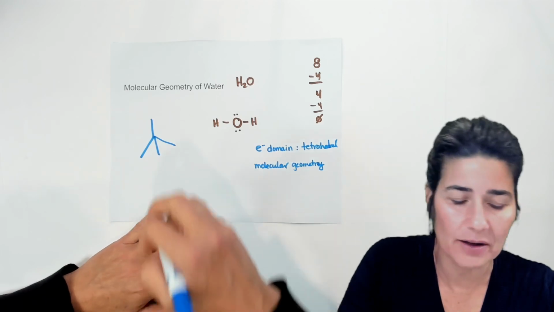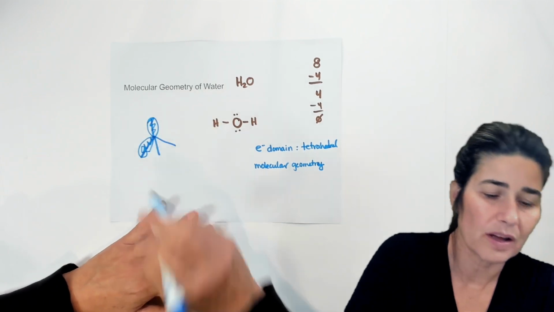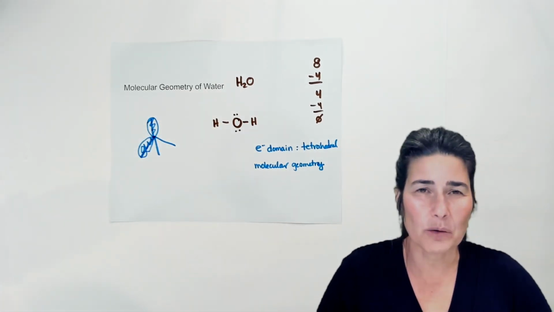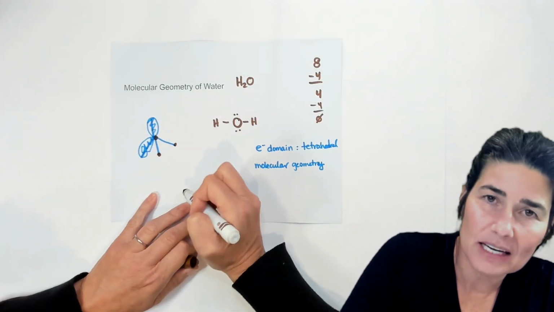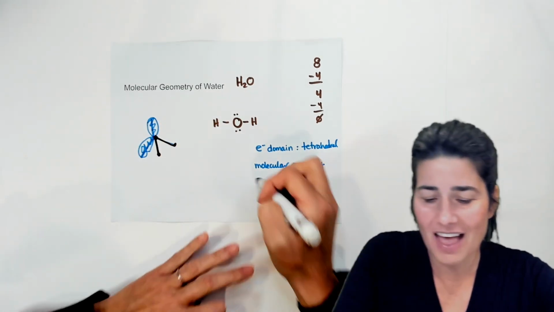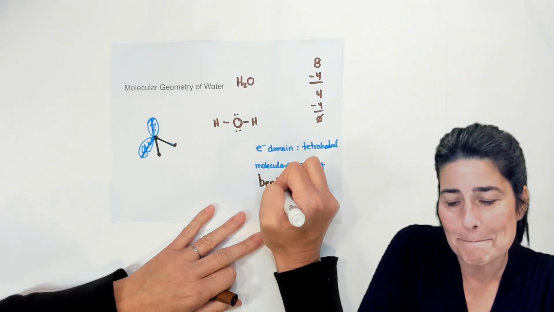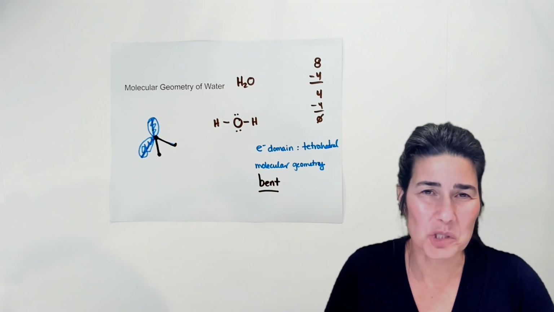Let's ghost out 2 of these. I'm going to ghost 1. I'm going to ghost 2. What do I see? What's left is 1, 2, 3 atoms, but those 3 atoms are not in a line. That line has been bent. So this has a bent molecular geometry.